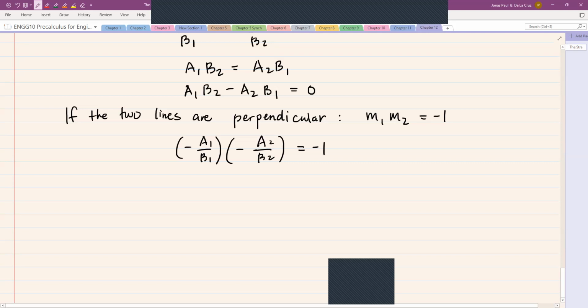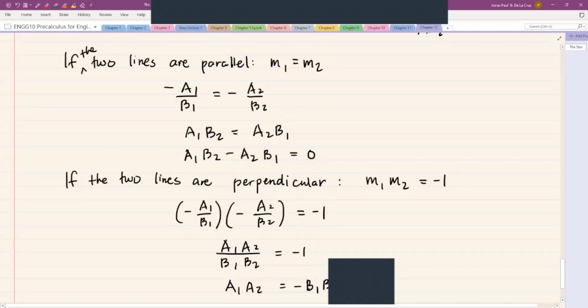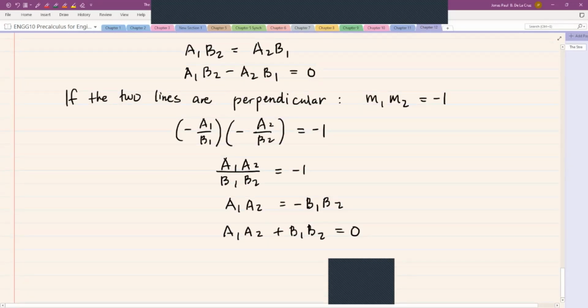So, dito we have A1 A2 over B1 B2 is equal to negative 1. So, we can say A1 A2 is equal to negative B1 B2. Or we have A1 A2 plus B1 B2 is equal to 0. Ito naman yung relationship ng mga coefficients ng line kapag perpendicular sila. Okay?